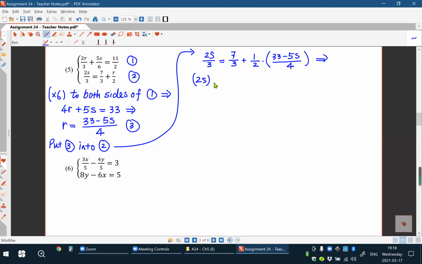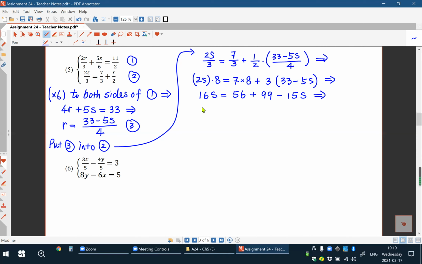Here we'll get 2S times 8 equals 7 times 8 plus 3 times 33 minus 5S, right? Okay, then you will get 16S equals 56 plus 99 minus 15S. Then let's put minus 15S to the left-hand side of the equation.